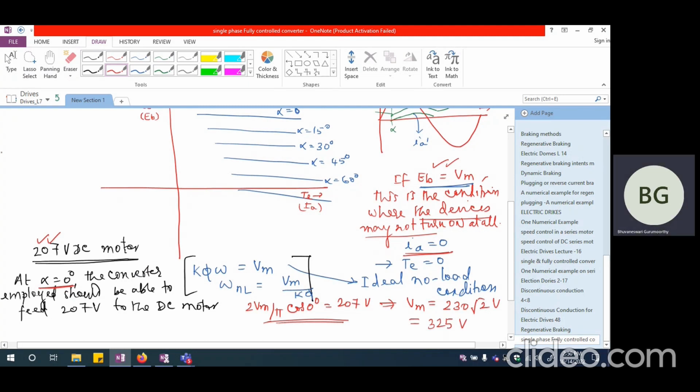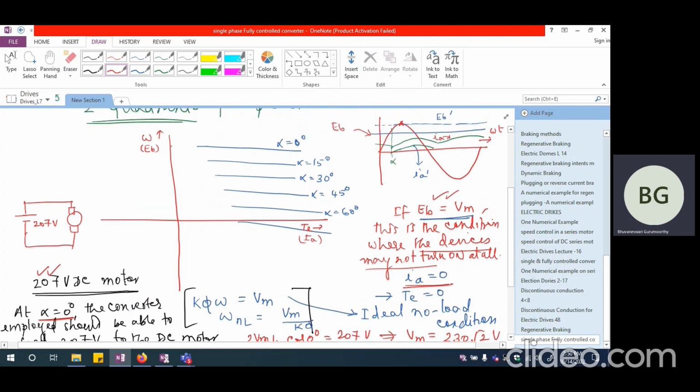So if I had connected a DC motor with the DC supply of 207 volts, then I would have gotten my speed torque characteristics in such a way that this can hit the speed axis and this will correspond to 207 volts. But when I am looking at a converter feeding this motor, I am getting 207 volts with my converter working at alpha equal to 0 degree.